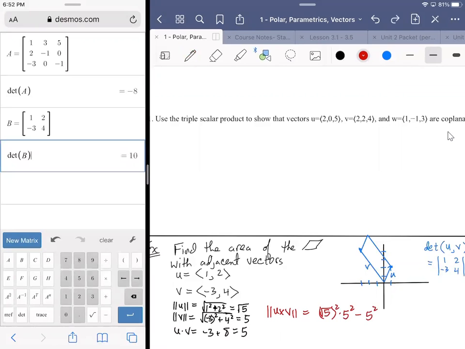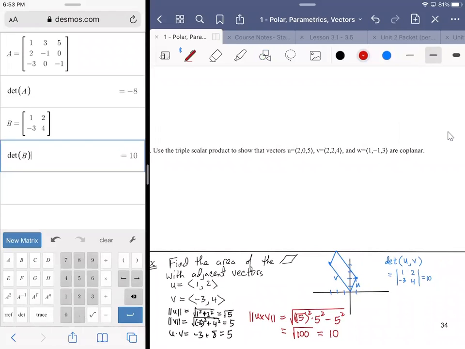Poor quality radical symbol. All right, so 5 times 25 is 125 minus another 25 is rad 100. Which gives you a result of 10.